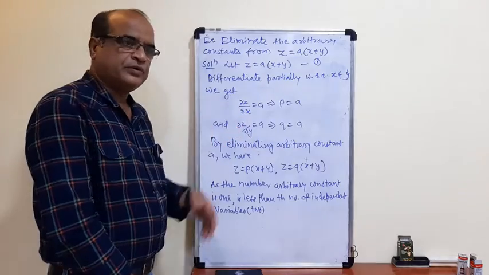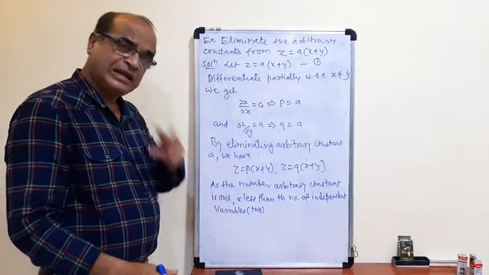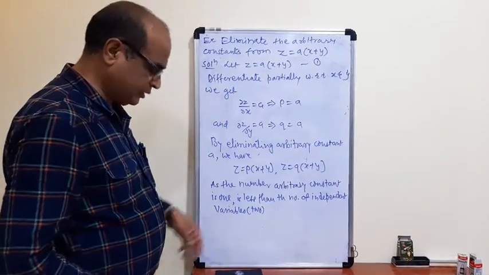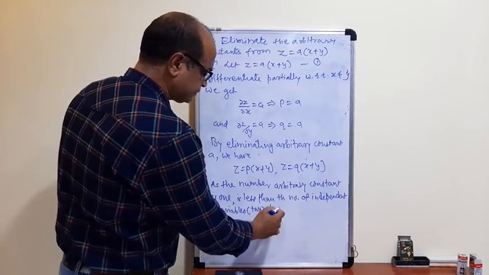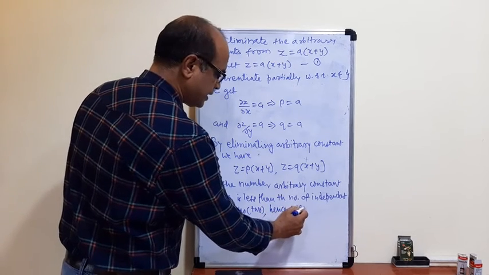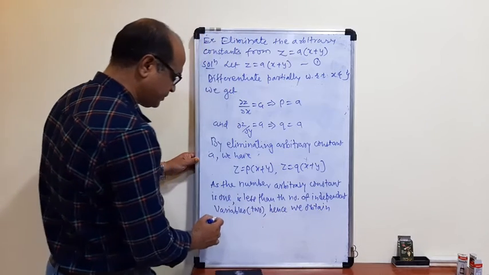In partial differential equations there must be at least two independent variables, so we take 2 here. Hence we obtain two partial differential equations.